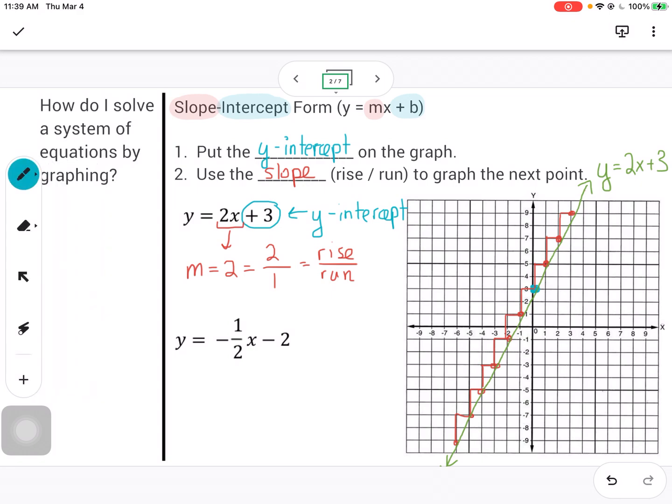Next, we're going to draw the other equation, because this is a system of equations, which means we need to have more than just one equation. So again, the number without x is our y-intercept.